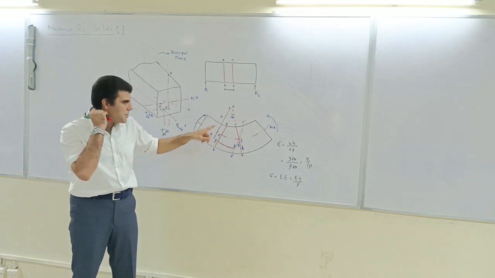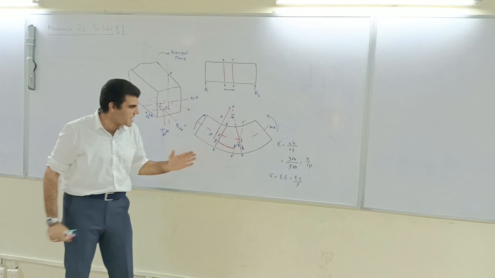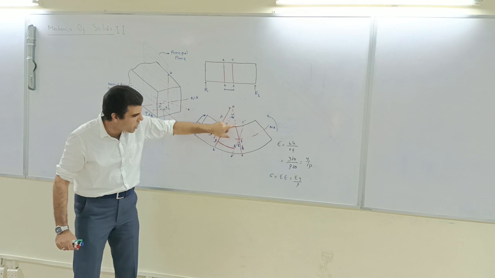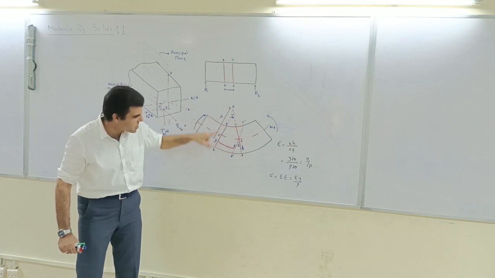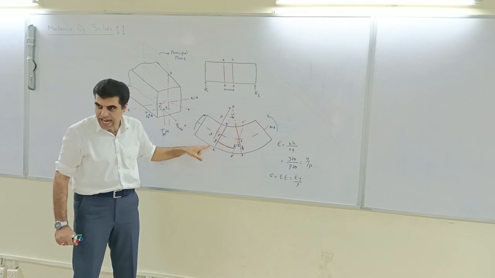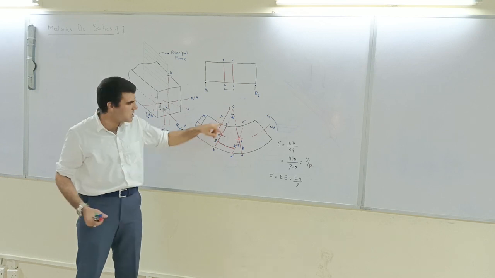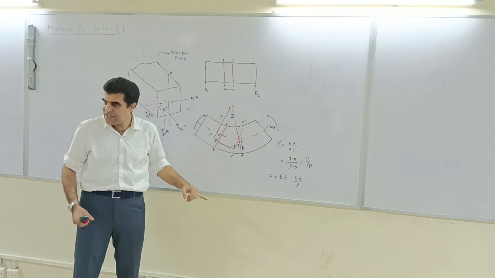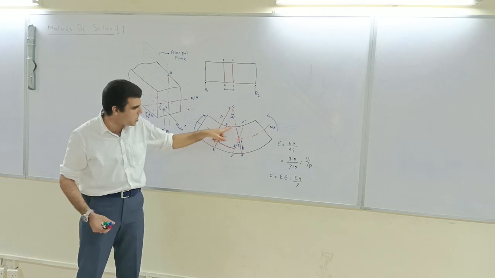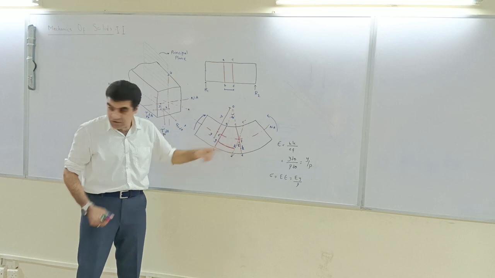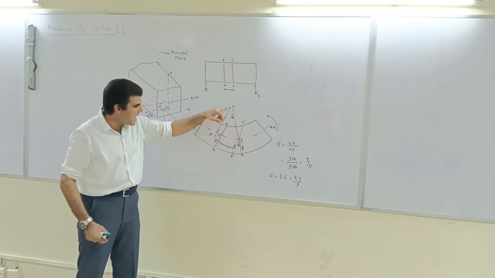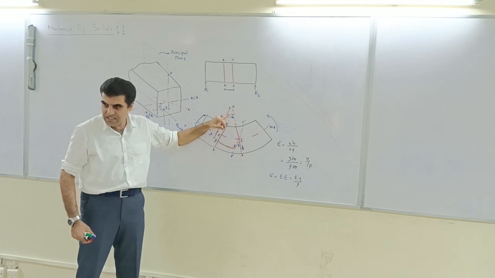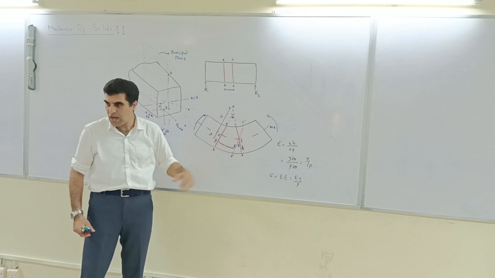In other words, because of the assumption of plane section remain plane, we draw a straight line corresponding to this plane section AB, and we assume that this other line, which is OD, is a sort of transversal. So OD is also a straight line, and then we can make d thetas equal. Why?